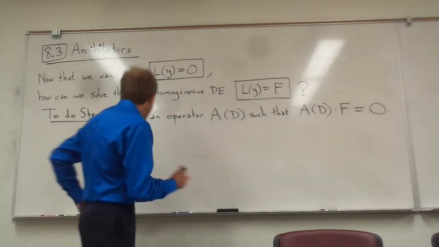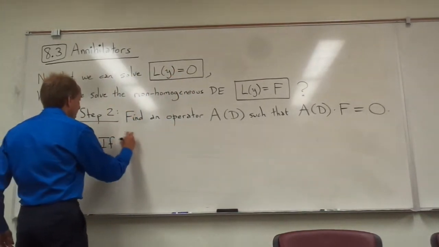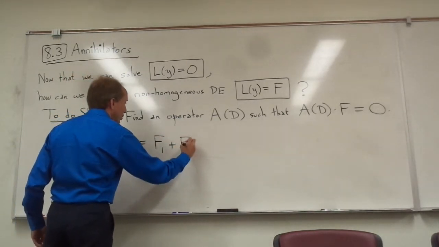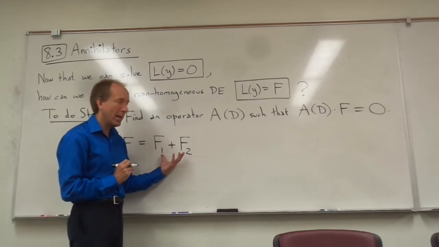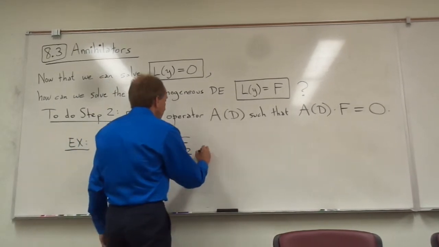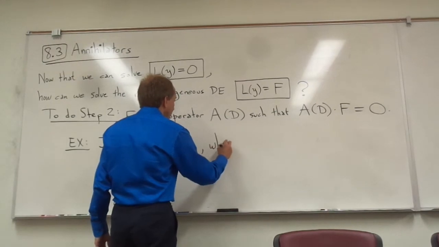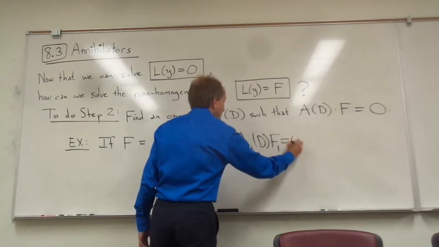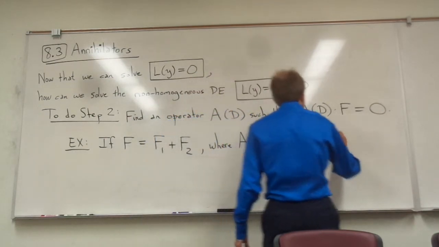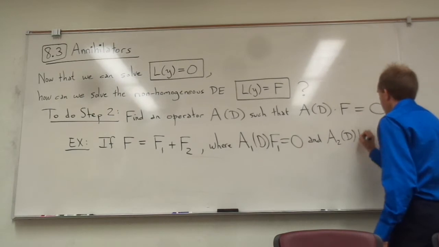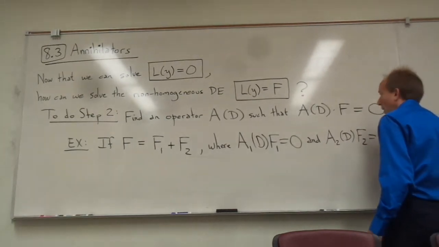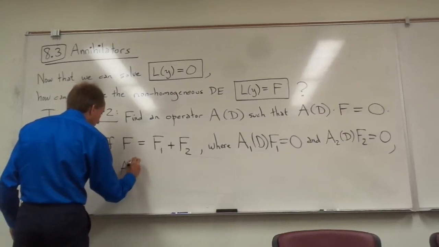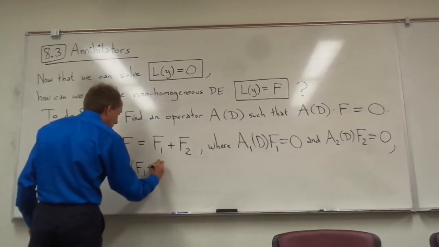If capital F is equal to, let's say there are two different functions on the right-hand side, and let's say that A1 of D annihilates F1, and A2 of D annihilates F2. Then what is the annihilator of F1 plus F2?